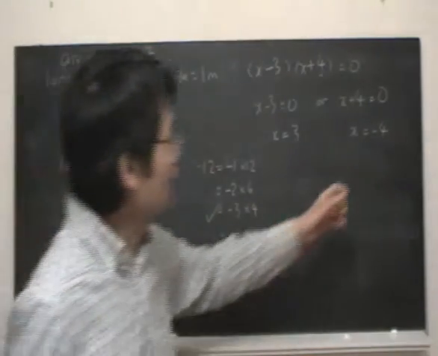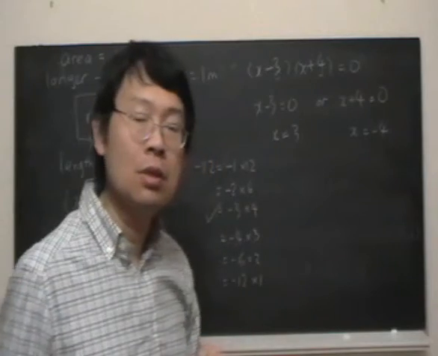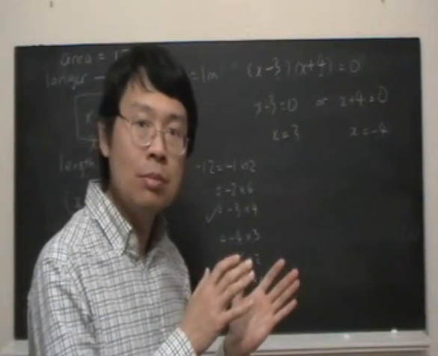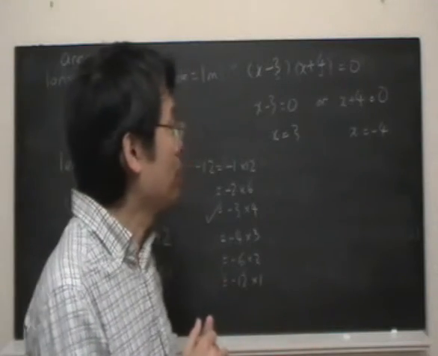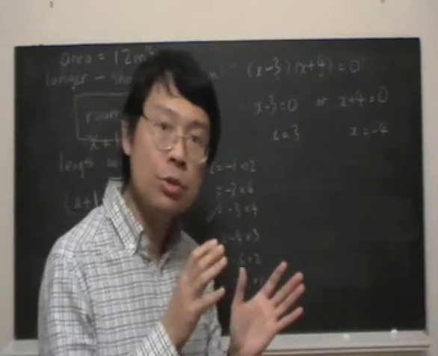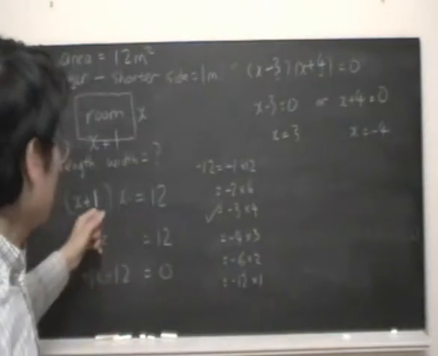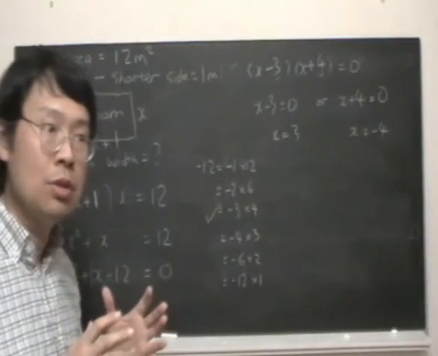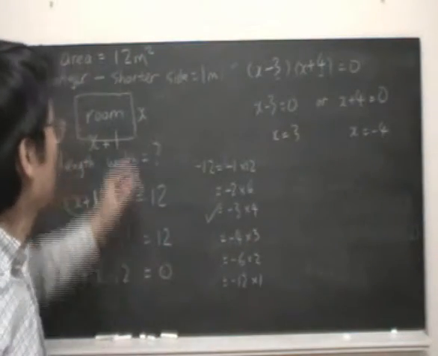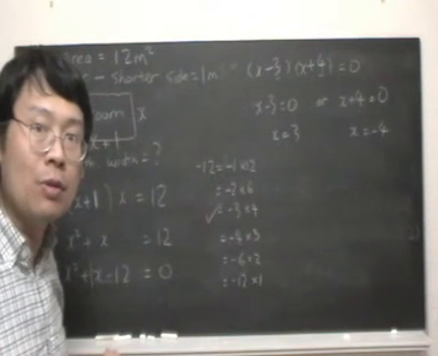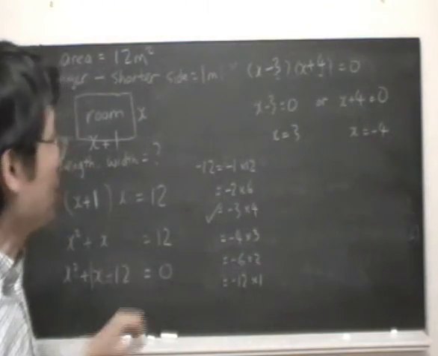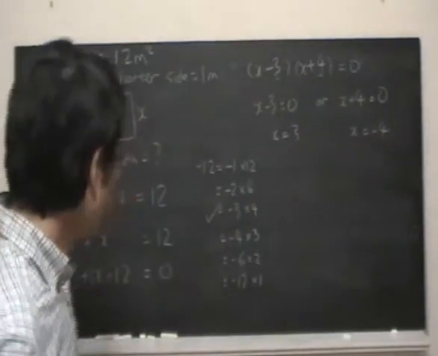So therefore, the minus 4 in this case must be wrong. It is not wrong as an answer to this equation, but it is just not right for this problem. And the only right answer is therefore 3.